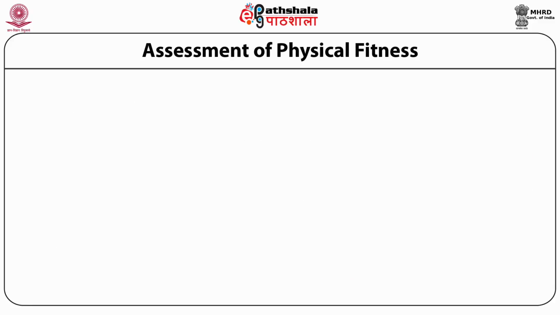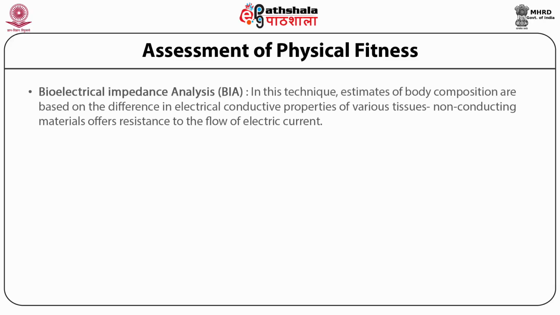Now let's have an idea how to measure body composition using bioelectrical impedance analysis, that is BIA. In this technique, the estimates of body composition are based on the difference in electrical conductive properties of various tissues to the non-conducting material, which offers resistance to the flow of electric current.